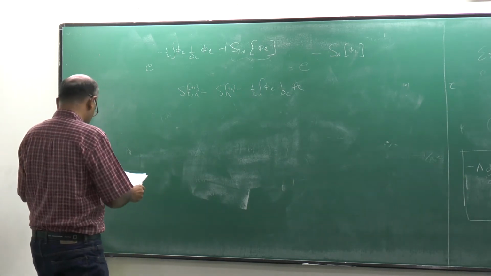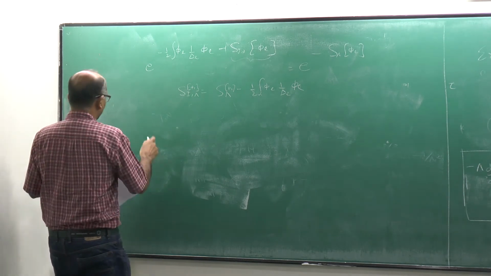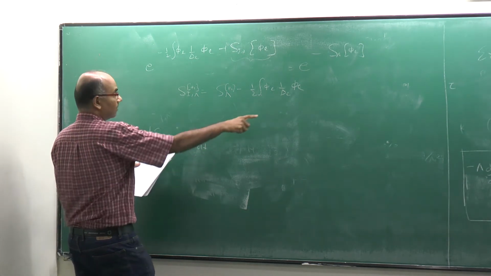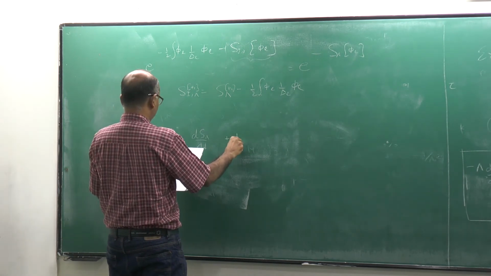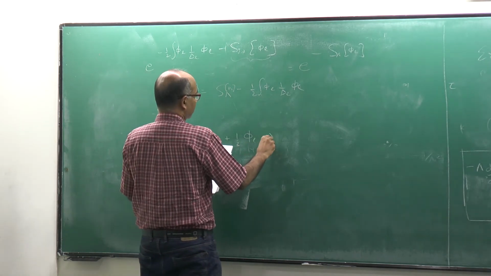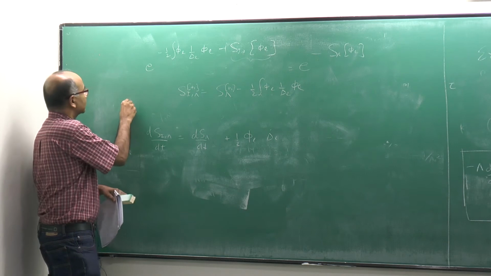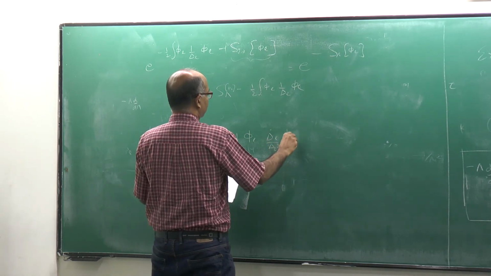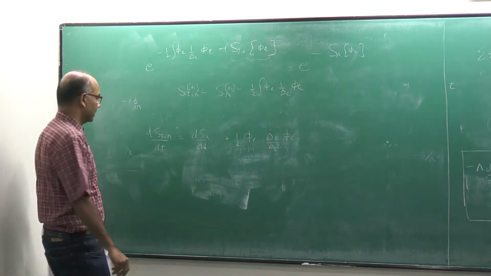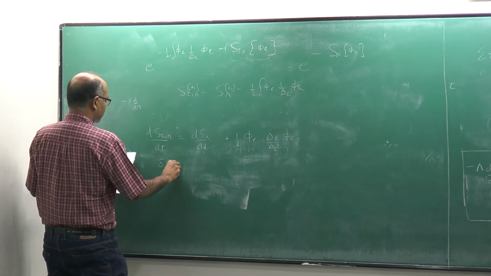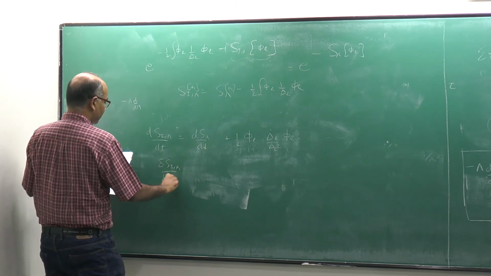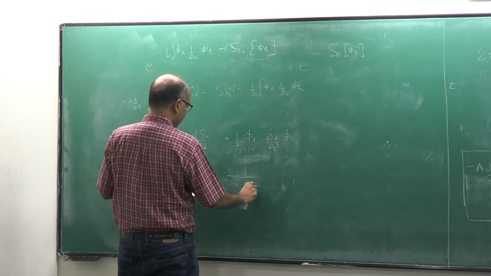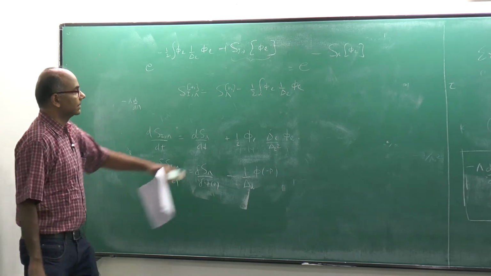Okay, so the left hand side: dSi lambda by dt is dS lambda by dt minus the derivative of this, which is half phi L delta L. So d by dt is now minus lambda d by d lambda, half phi L delta L by lambda squared phi L. And delta S, so this goes to the left hand side by delta phi is delta S lambda by delta phi minus 1 over delta L phi, just acting on that.